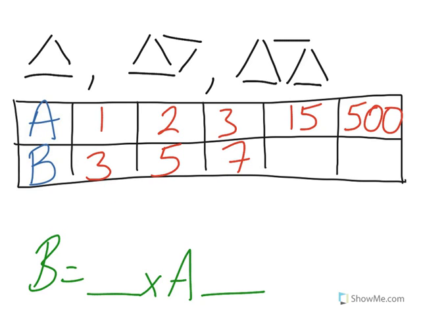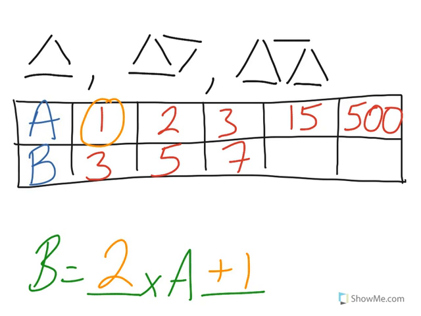So the 2 goes in front of the A. So I do 2 times 1, that's 2, not 3, so I need to plus 1 to make it 3. And see if it works for the rest of them. 2 times 2 is 4, plus 1 is 5. 2 times 3 is 6, plus 1 is 7.